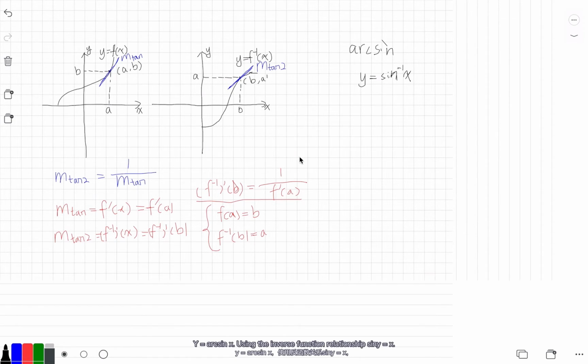Using the inverse function relationship, sine y equals x.